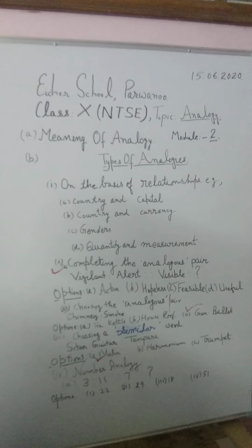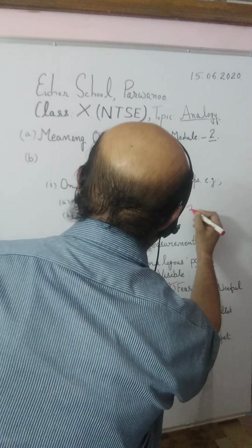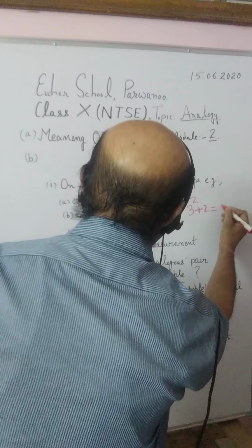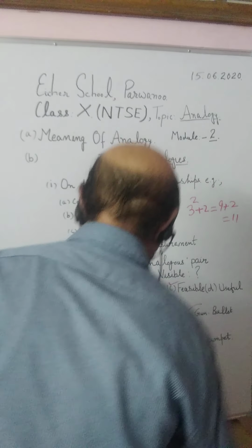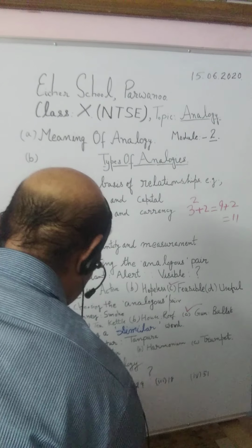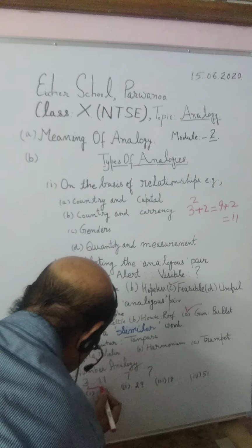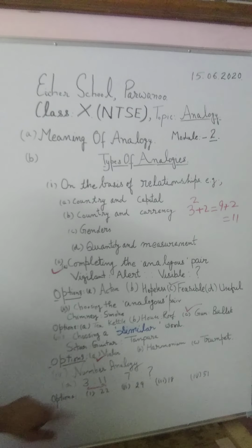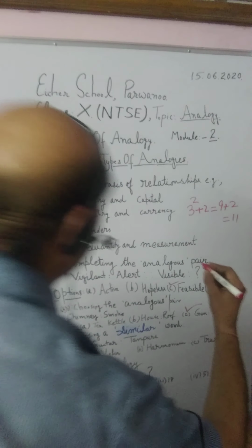Now here 3 will be written as, see carefully, 3 square plus 2 is equal to 9 plus 2 is 11. So in this way 3 is combined with 11. So what will be the seventh condition here?